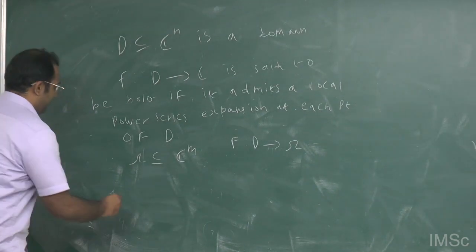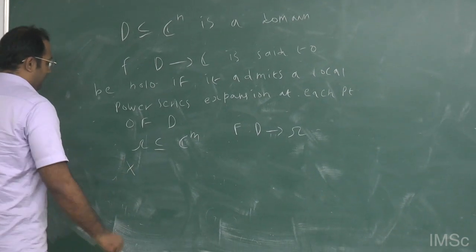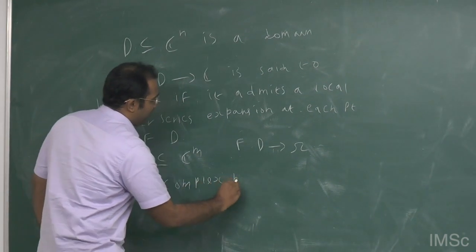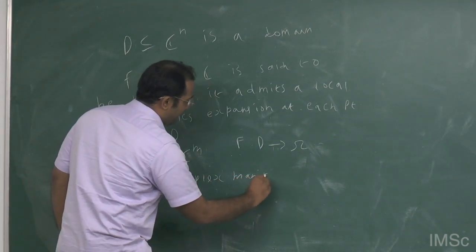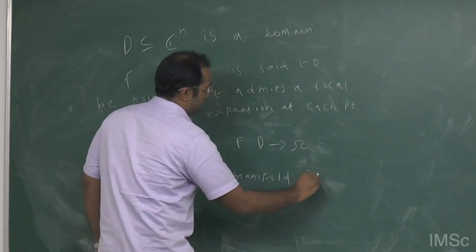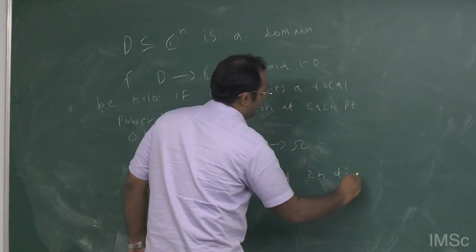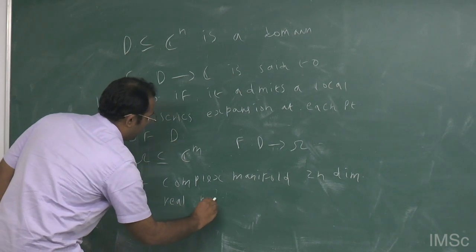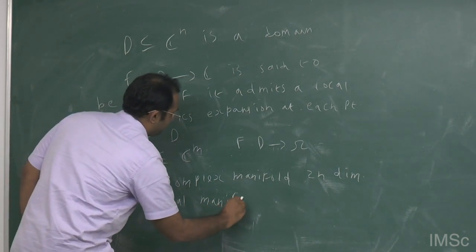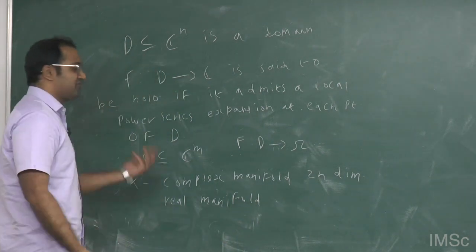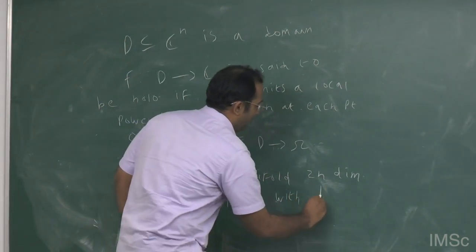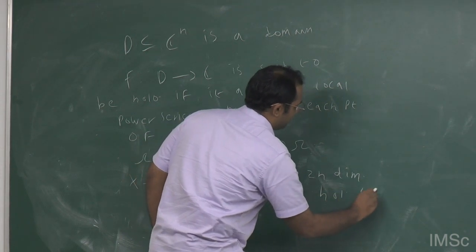I will be considering complex manifolds. A complex manifold is nothing but a 2n-dimensional real manifold with holomorphic transition functions.